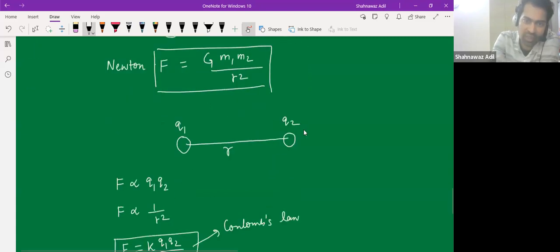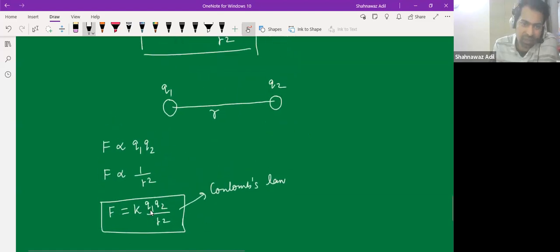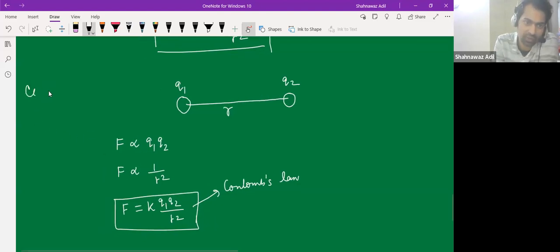But this Coulomb force can be repulsive or attractive depending upon the polarity of the charge, right? So if these are positive and negative, then these will be attractive. If they are both the same polarity, negative, negative or positive, positive, then they will repel each other, right? So this is called the Coulomb force.